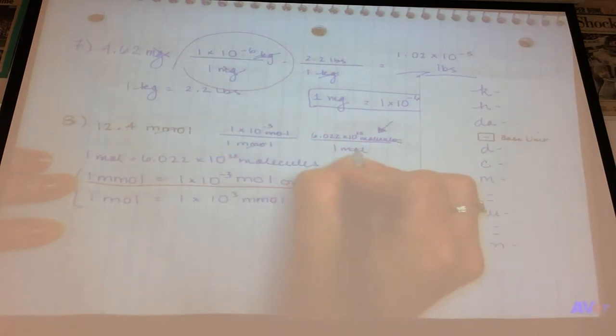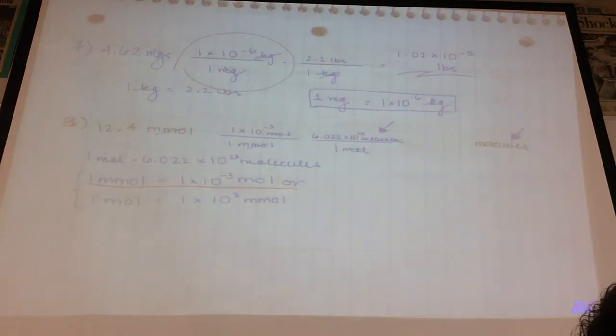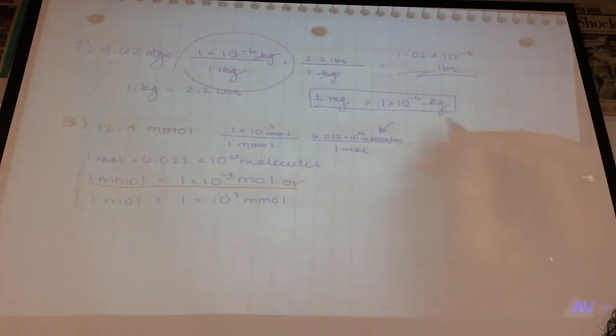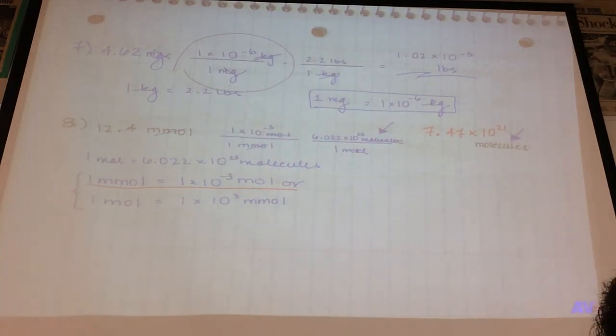And now the mole will cancel and you'll multiply off here. And you get 7.47 times 10 to the 21 molecules.